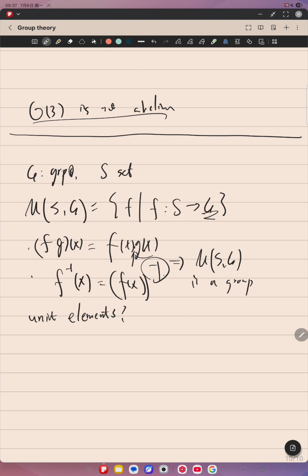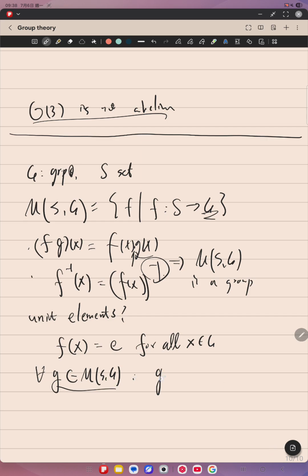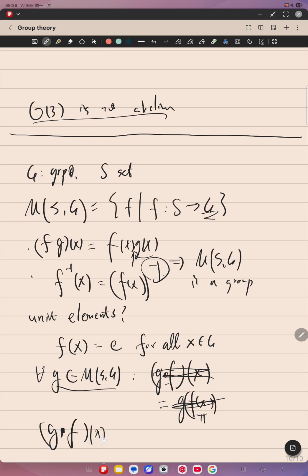Since you consider functions, I can define the identity function f of x to be just the identity for all x in G. Then obviously, for any g belonging to this set of functions, g will be a function, then g times f applied on any x will be g of x times f of x, and this is always the identity, so it's g of x. So this is a group.